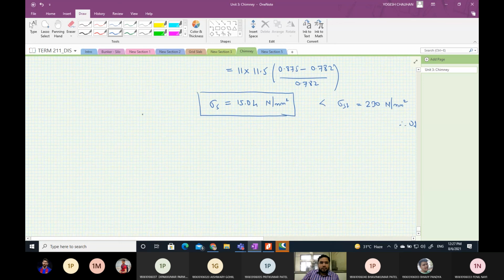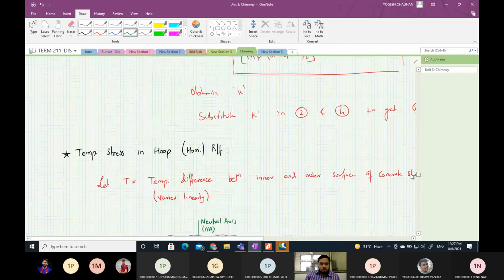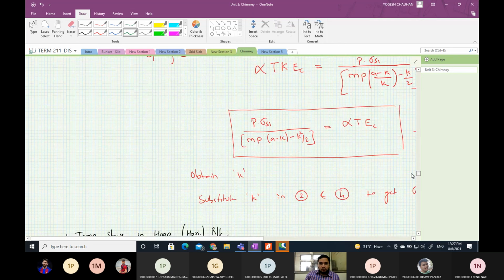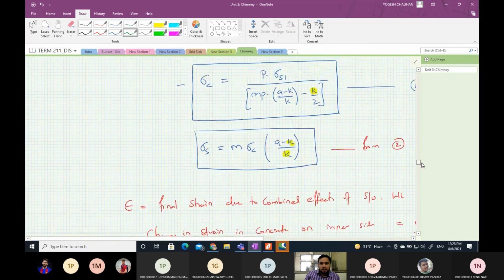Now the next case is the windward side. So for windward side, we'll use this equation to find the value of k, and once the value of k is known, we can then find the value of sigma c and sigma s, which are given by these expressions.